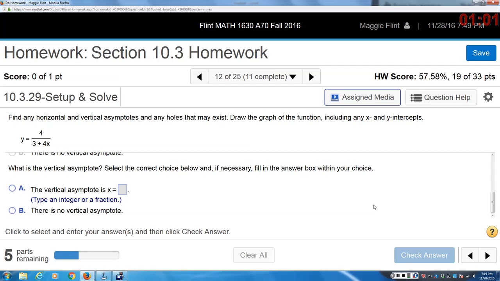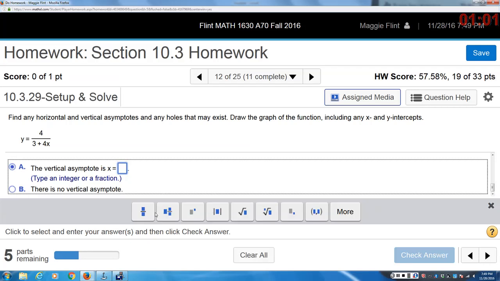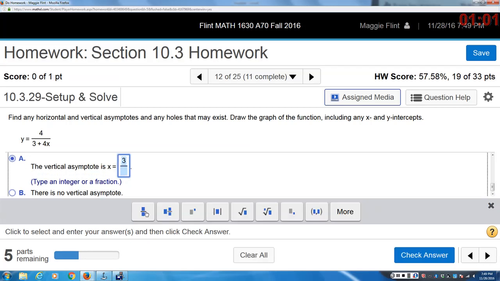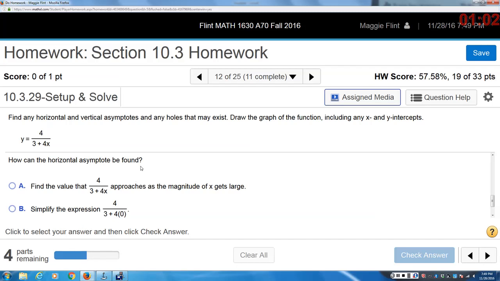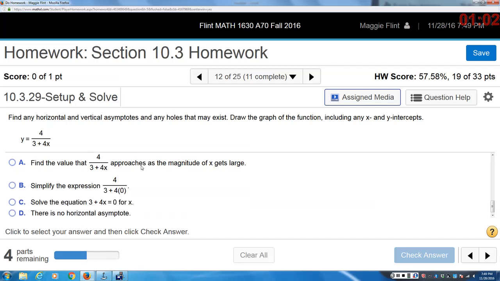So I think it's -3/4. How can the horizontal asymptote be found? Find the value that 4/(3 plus 4x) approaches as the magnitude, the value of x, gets large.